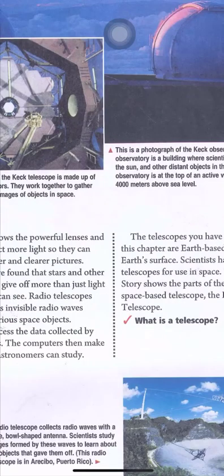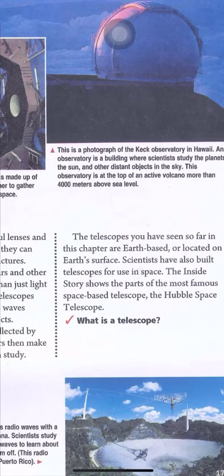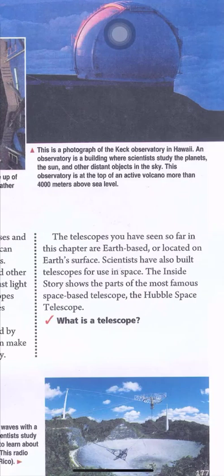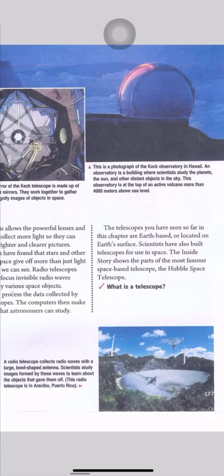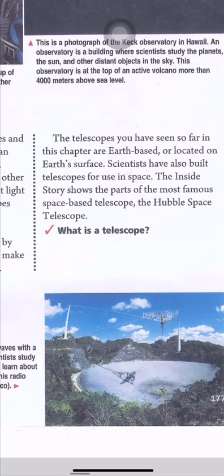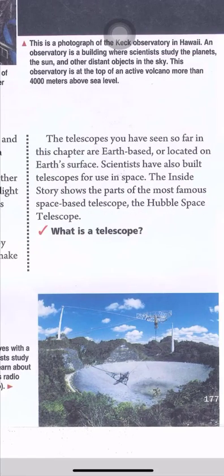And here you can see the Keck Observatory, which is a building where scientists study and collect information about planets, the sun, and other distant objects. And the last picture shows a radio telescope that collects radio waves.